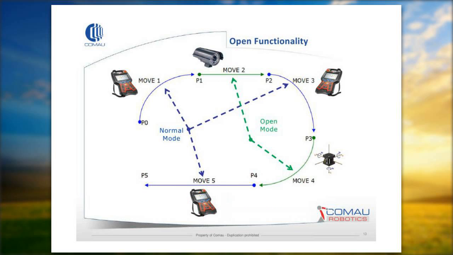Here the open functionality is basically as flexible as the C4G Open. This means that we can switch between modes, normal modes or open modes, in a very easy and instant way. So the switches between, let's say, the blue modes that are the normal mode and the green modes that are the open modes are instantly achievable.